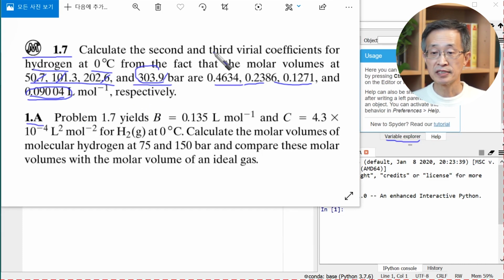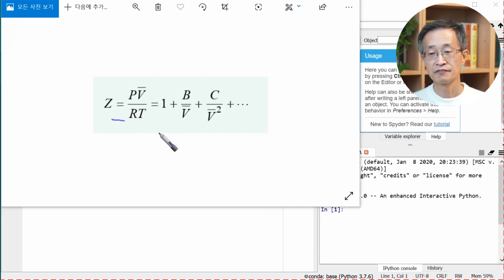And what it's asking for is the second and third virial coefficients. So what you need is Z, the compressibility factor. The compressibility factor per mole is PV-bar over RT. And this is the virial equation.